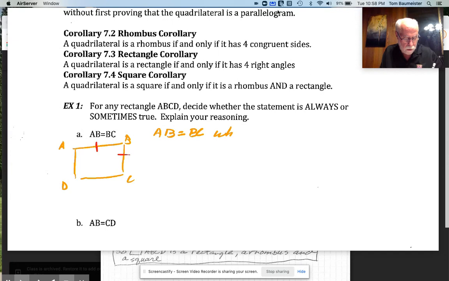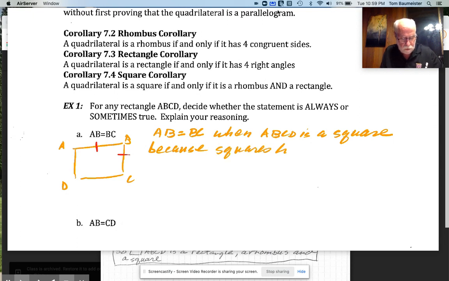From above, ABCD is a square because squares have 4 congruent sides.